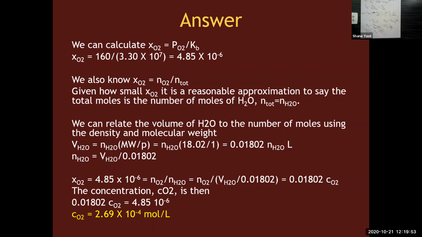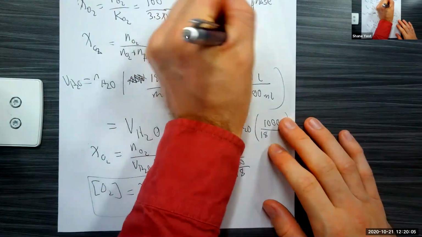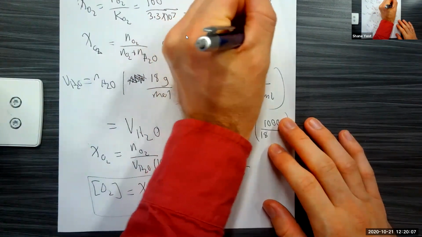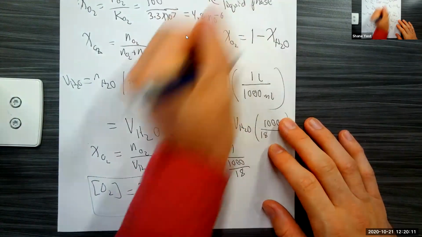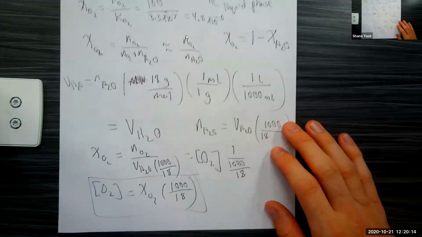Well, yeah, but so that X of O2 is, yeah, so it's 4.85 times 10 to the negative 6 moles of O2 per mole total. Right. That's what you're saying, right?